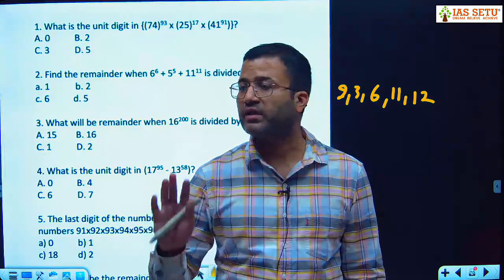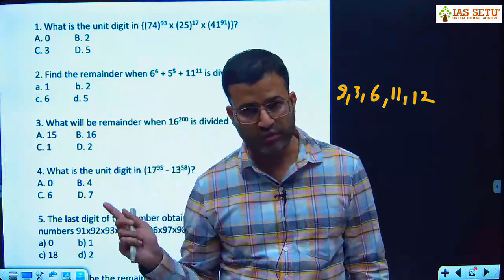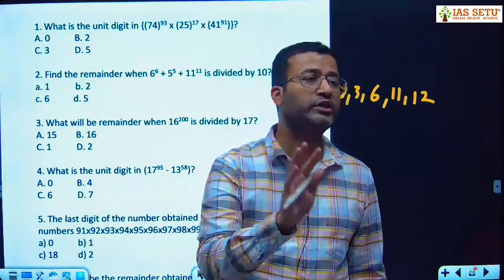So idea is when the divisor is 2, 5, 10, either you can use remainder theorem concept or you can use unit digit concept also.